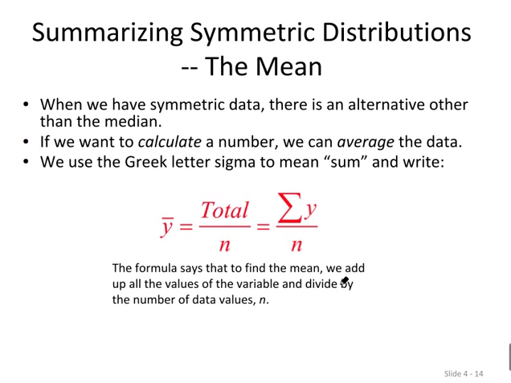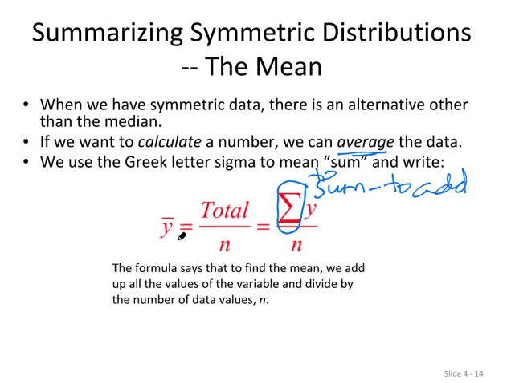The last piece of information is the mean. You know it as the average. If we want to calculate the number, we average it, or if we have symmetric data, other than the median, we will look at the average. This Greek symbol, if you had pre-calc, you used in series. It is a capital letter sigma, and it means to sum, or to add together.